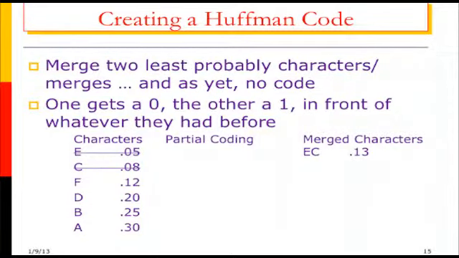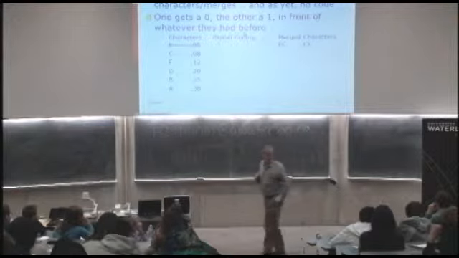And I will simply say, all right, well, rather than having a code for an E and a code for a C, I will have a code for EC, either one of them, and I'll tack a 0 at the end for an E and a 1 at the end for a C. Is that reasonable?